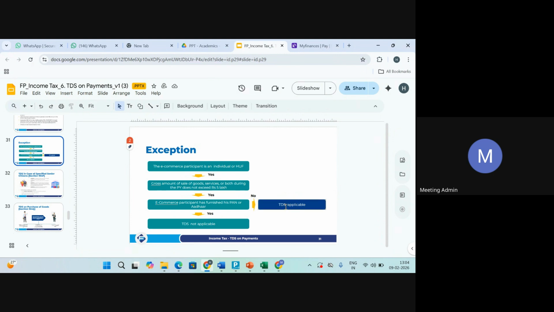TDS will be applicable if he doesn't have a PAN number. These are the cases of exception. Any doubts?